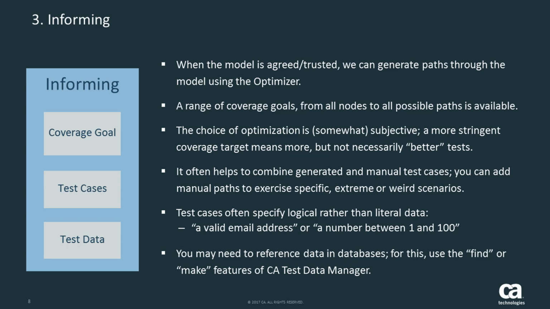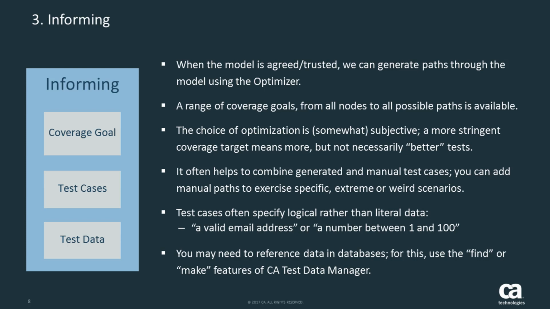And it's clear that some coverage targets, some optimizations, include all the paths generated by a less stringent optimization. So one coverage target might be stronger than another, but there's no guarantee it's a better set of tests. There's no guarantee that you get better value for money.